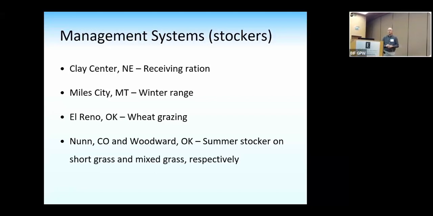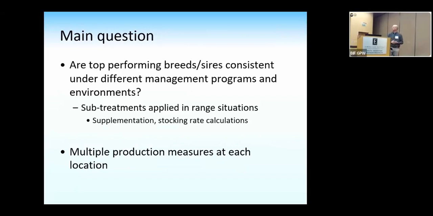And then in El Reno, Oklahoma, they were on wheat grazing, and the fall herd went into these other locations where they were on short grass or mixed grass prairie for summer stocking levels. And that's a common program, of course, that a lot of people use for fall grazing overall. And so the question is, are the top performing breeds the top performers everywhere?